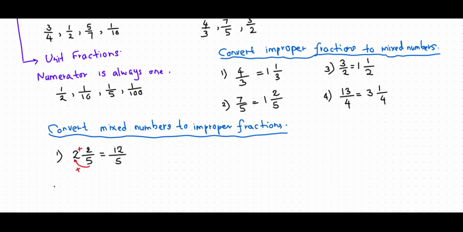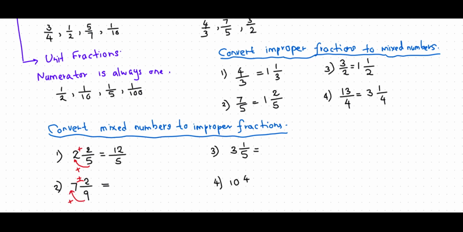7 and 2 over 9. Multiply, add. This is times. Then add the numerator. 3 and 1 over 5. 10 and 4 over 7.